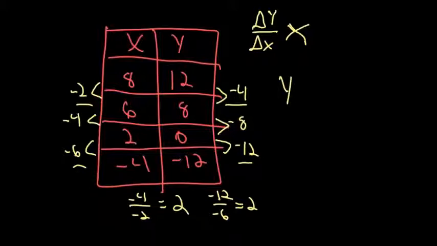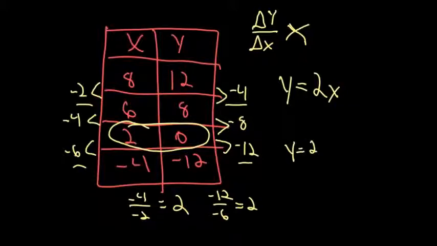So y equals 2x. And then I just pick any pair. Looking at these, this 2, 0 would probably be my easiest one. And I put that 2 in for my x. Well, 2 times 2, actually I should put the 0 in for my y because I know my output.